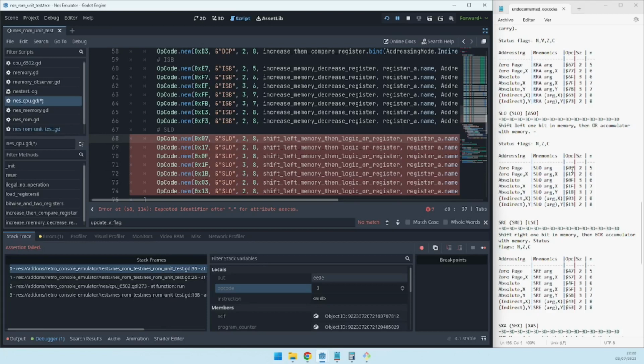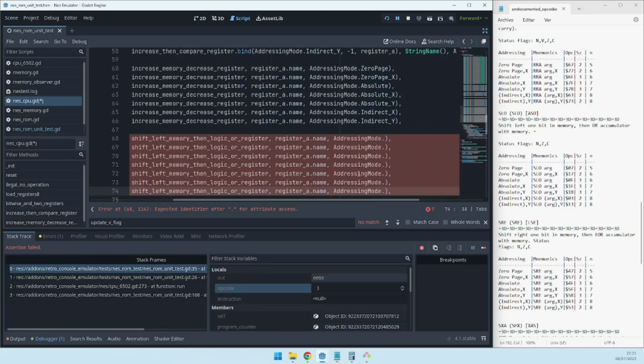Awesome. And this one is 5 cycles, 6 cycles, within this column, 6 cycles, 7 cycles, 7 cycles, 8 cycles, 8 cycles.